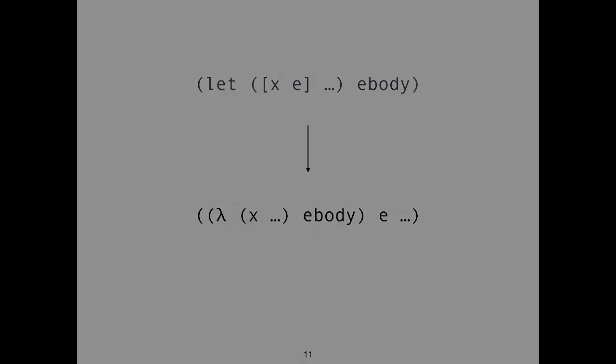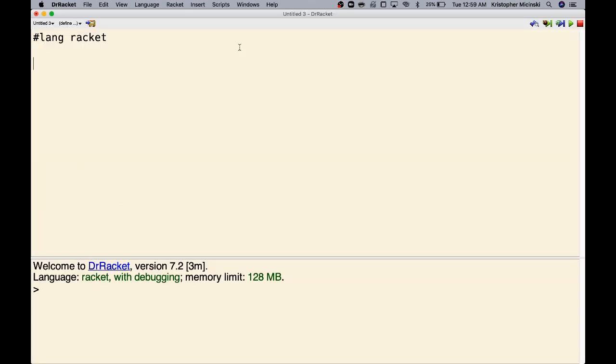All right, so let's see precisely why that is. Let's do an example of this. Let's go over to Dr. Racket right here. And let's say that I've got something like let x be the value 20 inside the body plus x 3. And then I compile that and run it, and it turns into 23.